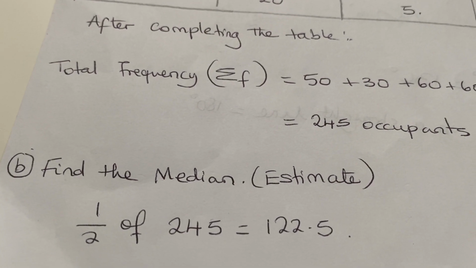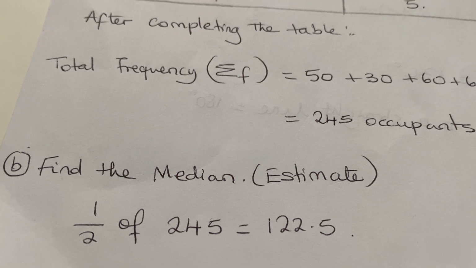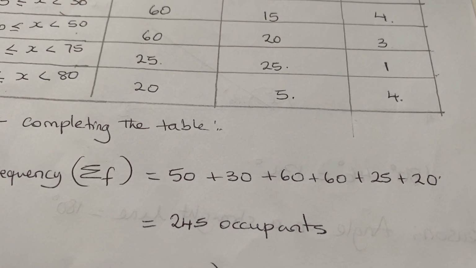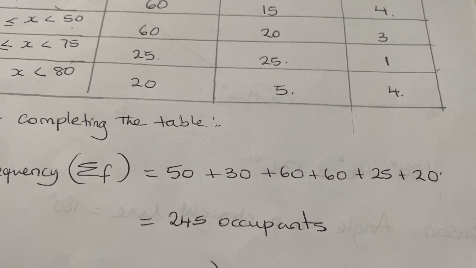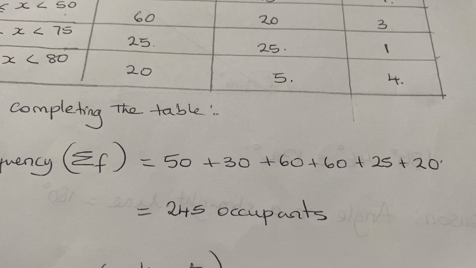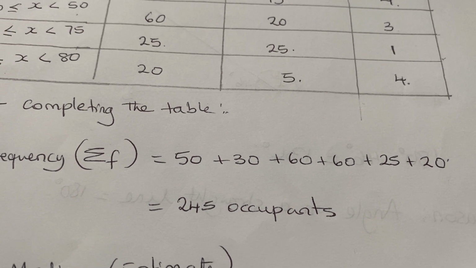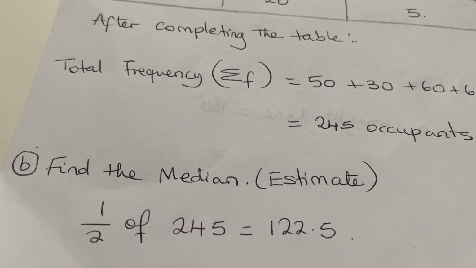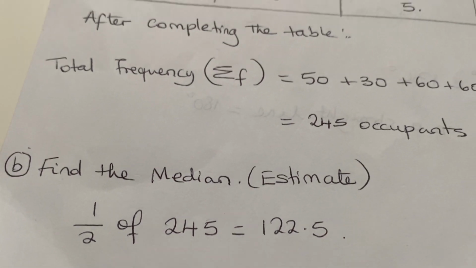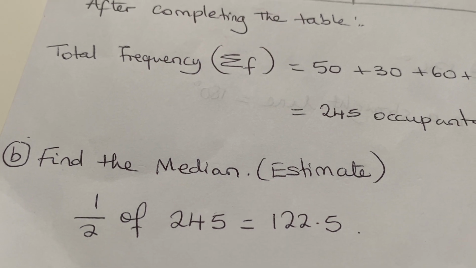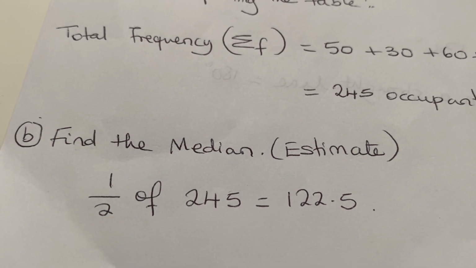Now how do you find the median? Here your frequency total is odd. It's not like 246 or 250. So for the median, it is half of 245, which is 122.